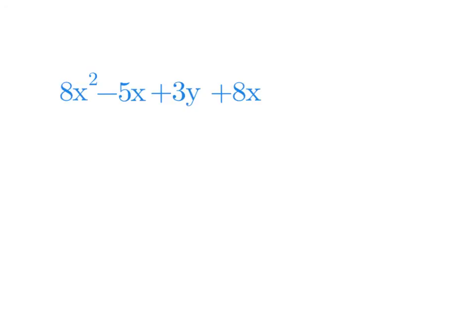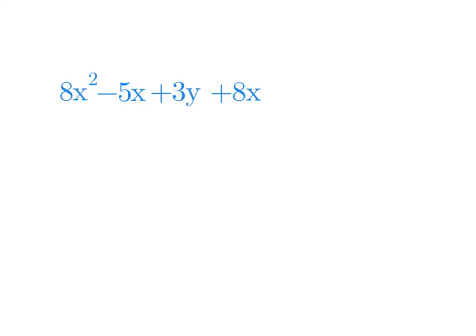All right, here's one last example, and I want you to get in the habit of thinking, when you're talking about combining like terms, so you're adding or subtracting terms that are alike, of the minuses and pluses as being the sign of the term that you are combining. And here's what I mean.